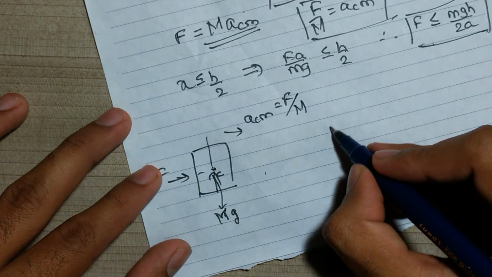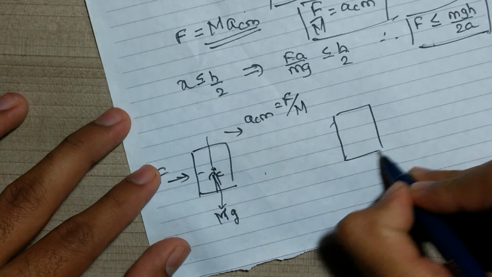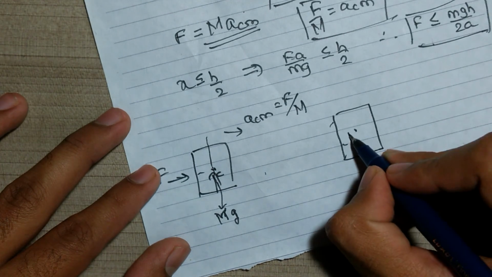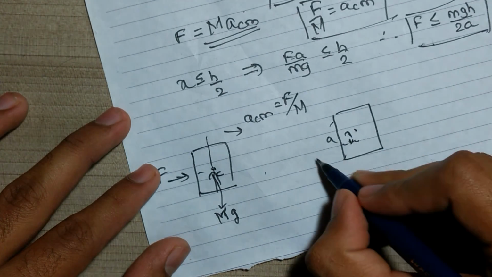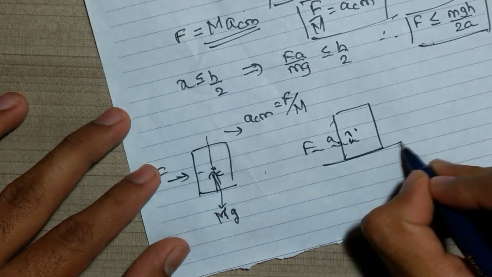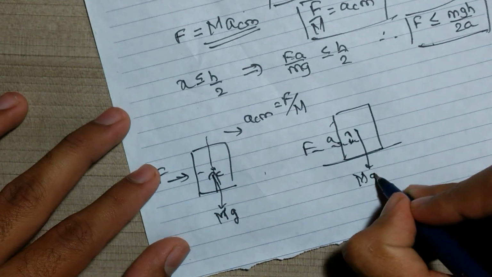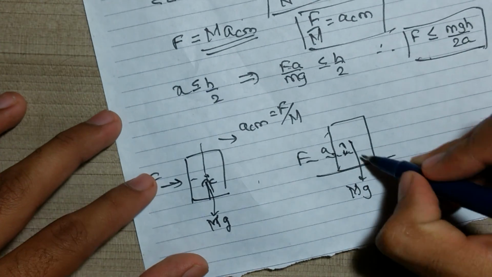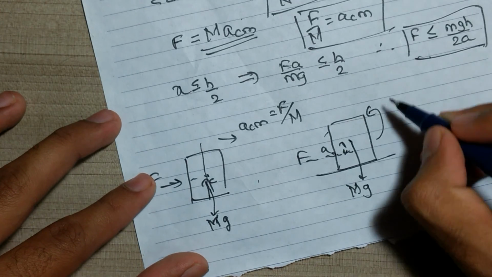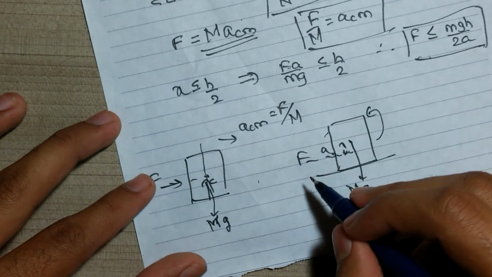Now if the force is applied at a distance a below the center of mass, then the cube will have a tendency to topple in the anti-clockwise direction.